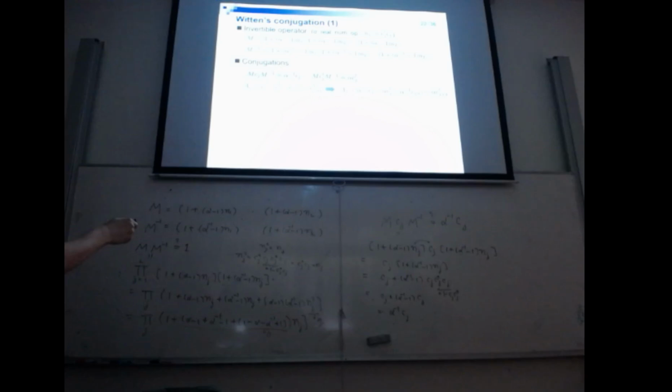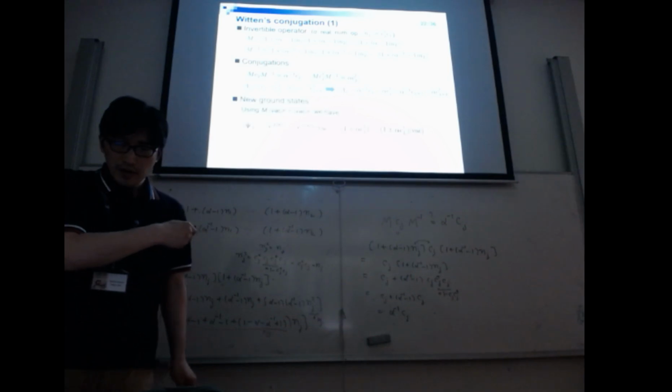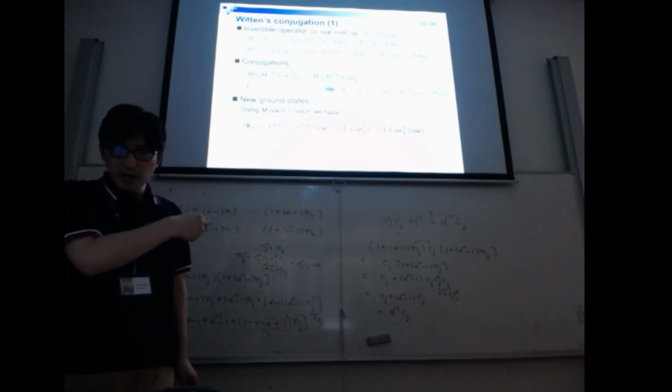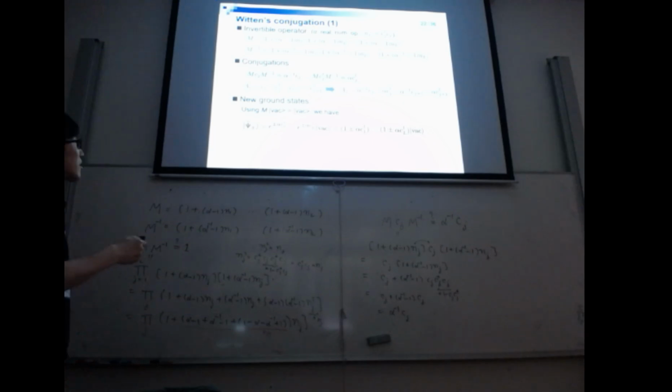So that means if you sandwich Aj by M and M inverse, then you get this complicated combination of those four operators. But in any case, for this A tilde, you can get a new ground state. Now you can use this relation: this vacuum state is invariant under M. So if you act with M on the psi plus minus in the previous case, then you get this new ground state, where the coefficients are modified from 1 to alpha this way.